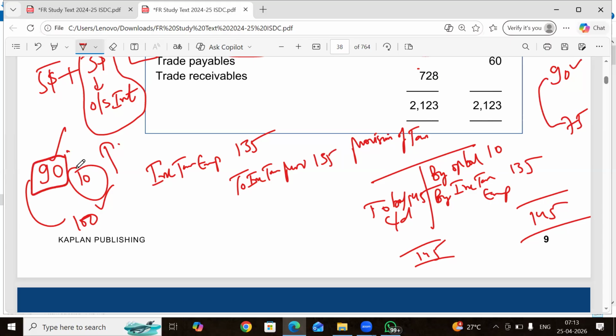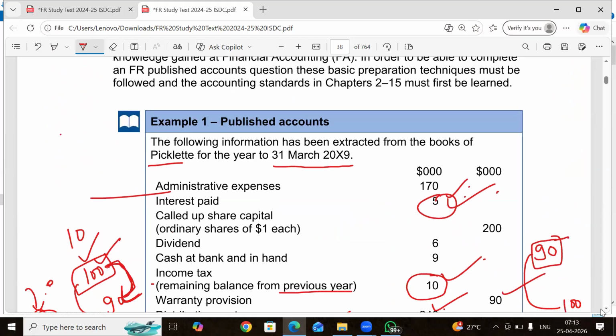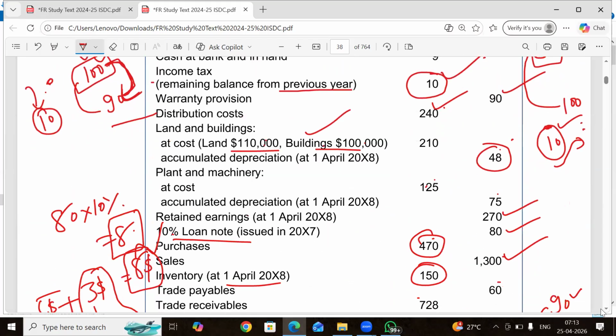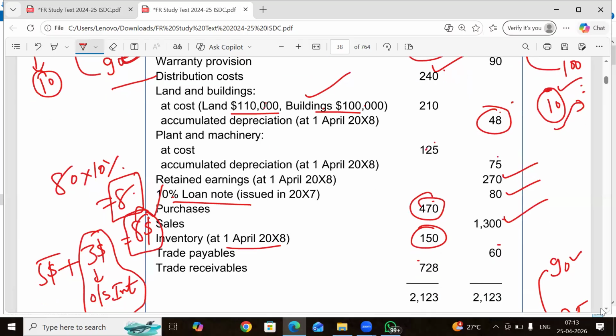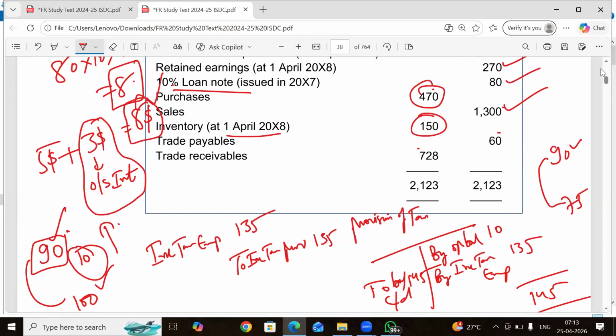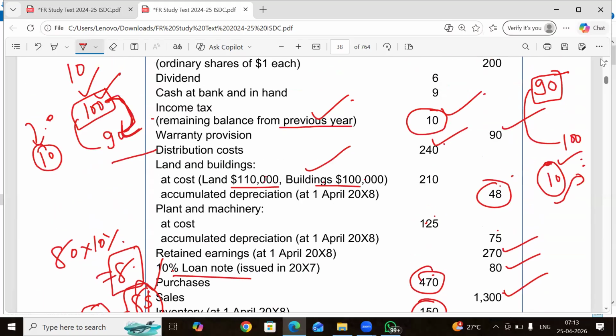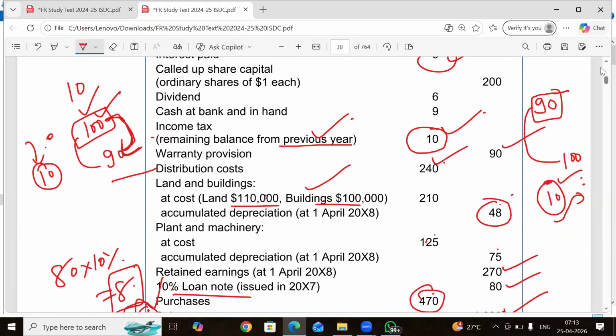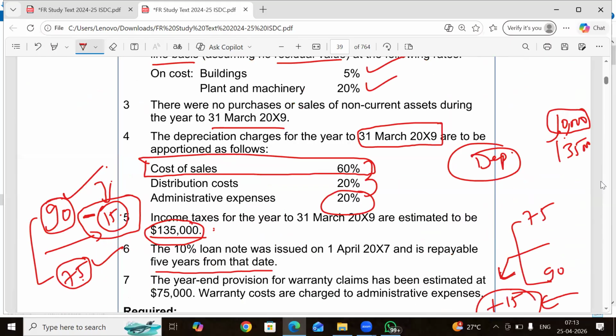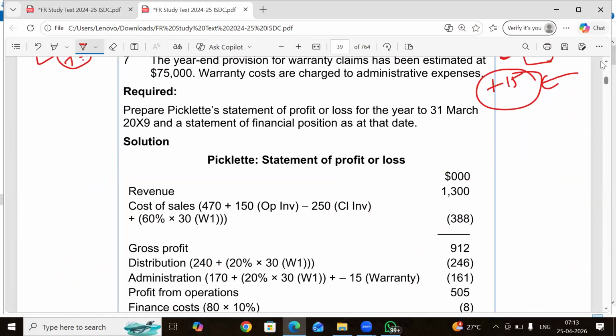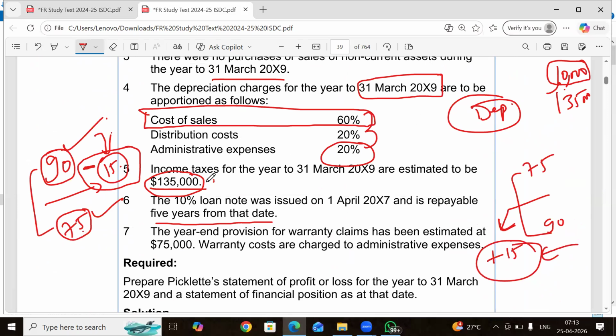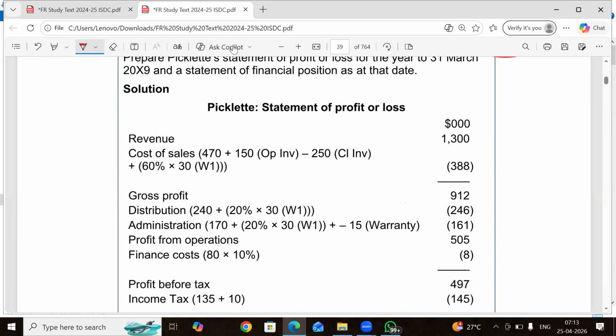Now we need to add more amount to make it 100. That's what they're saying. Remaining balance from previous year to be taken this year, and this current year's 135 we need to add. Okay. And 145 is the income tax expense.